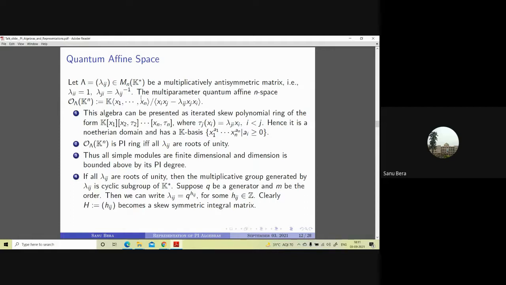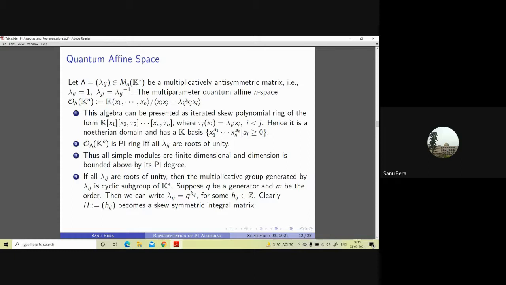Here we take the affine space, but some non-existential object that is named quantum affine space. That is actually the quantum plane: take that coordinate ring and deform the algebraic structure. So this coordinate ring is a deformation of that algebraic structure. That is why quantum comes here.